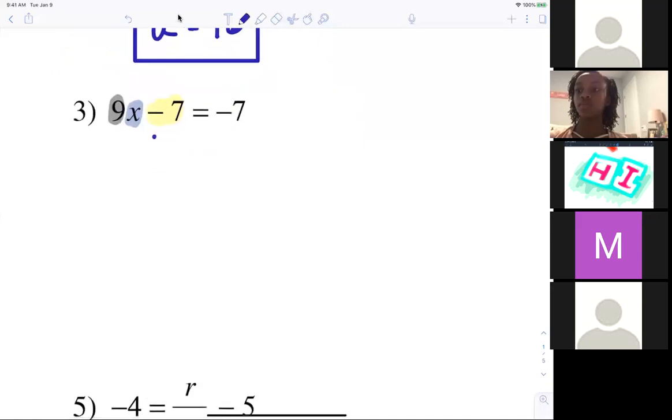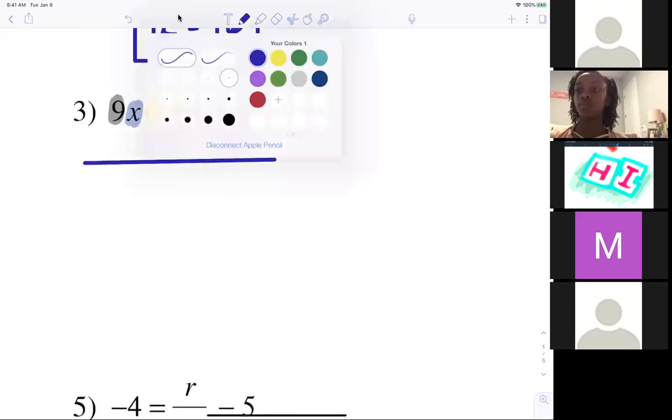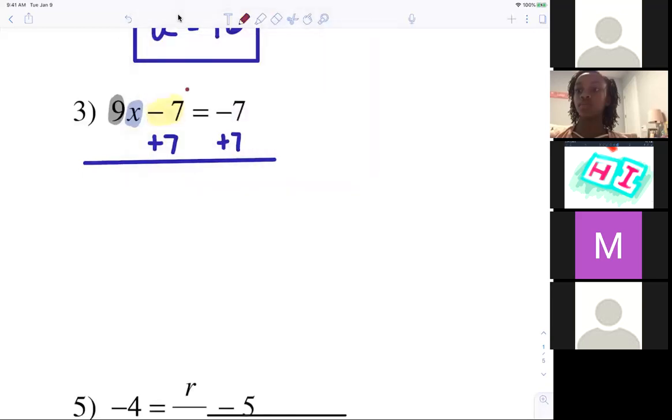We would add 7. Draw a line underneath it. This is what I'm expecting from everybody. Then the -7 and the +7 cancel out, and I'm left with 9x equals, and over here, again, -7 plus 7 makes 0.